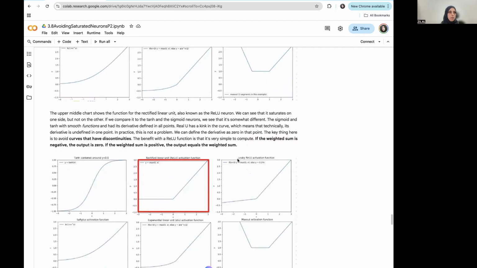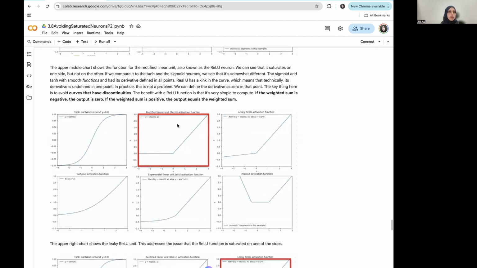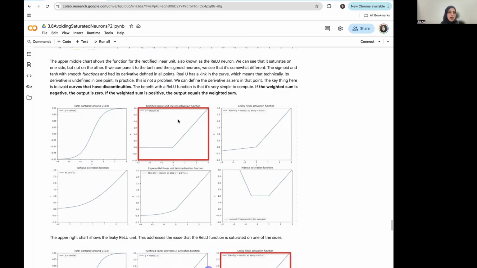Now we'll talk about the rectified linear unit, also known as the ReLU neuron. We can see that it saturates on one side, but on the other, it isn't saturated. If we compare it to the tanh and sigmoid neurons, we see that it's somewhat different.